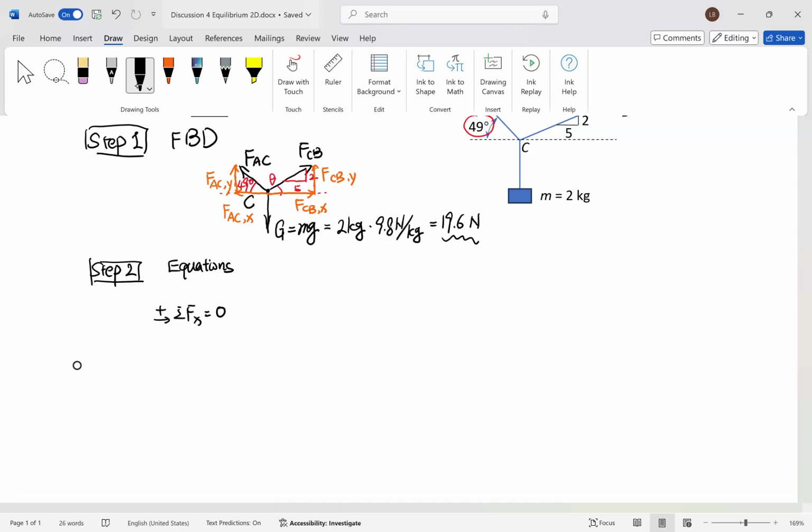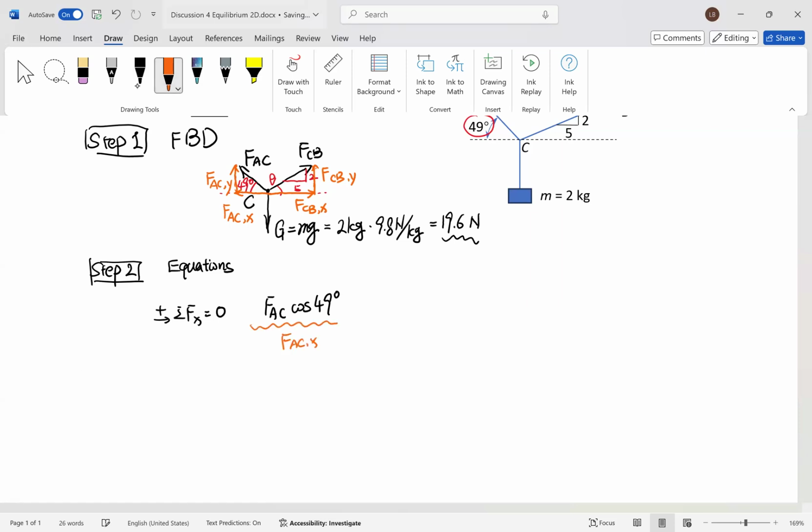FACX is adjacent to the 49 degree angle. So adjacent equals hypotenuse times cosine: hypotenuse FAC times cosine of 49 degrees.